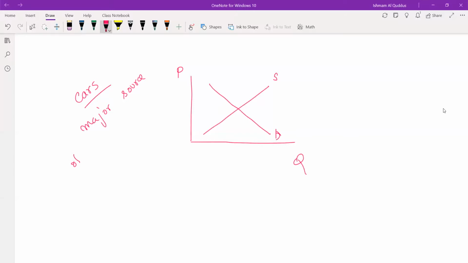So assume that we are talking about the car market, so cars. So price, quantity. Now the government wants to regulate the quantity of cars in the market because cars are a major source of carbon emission, right?